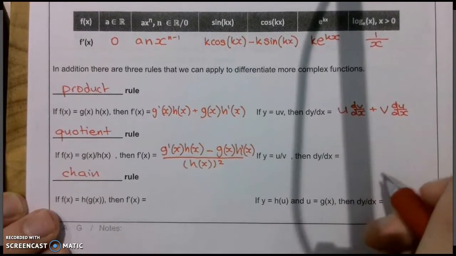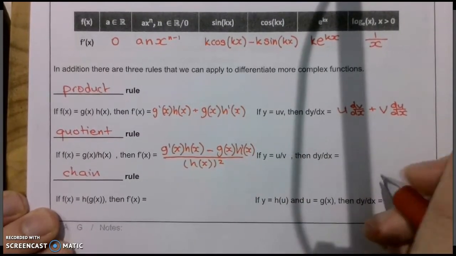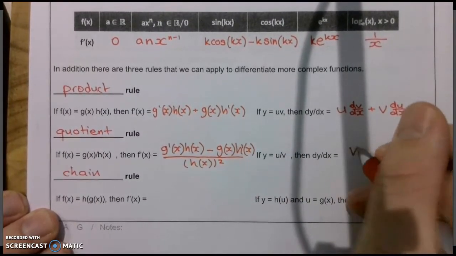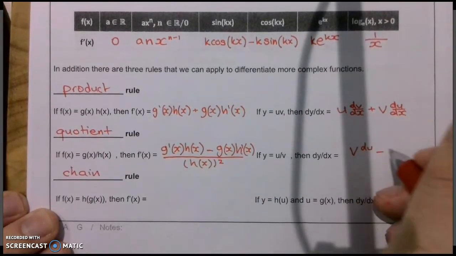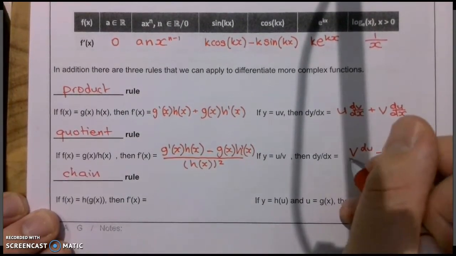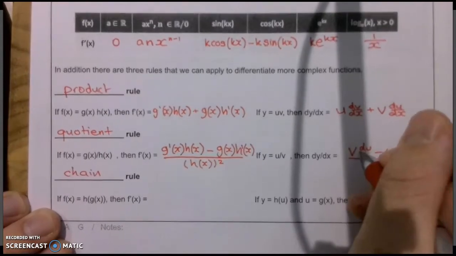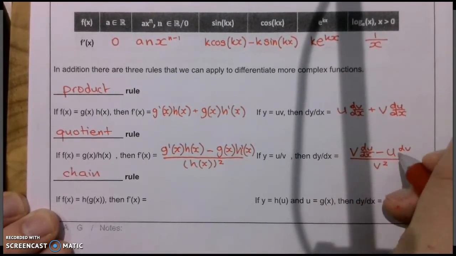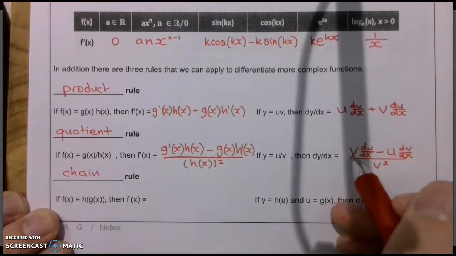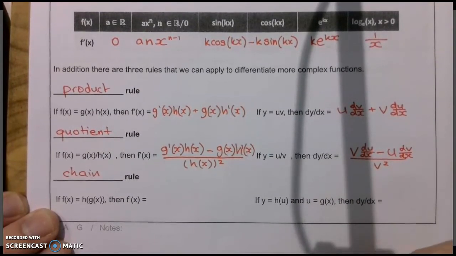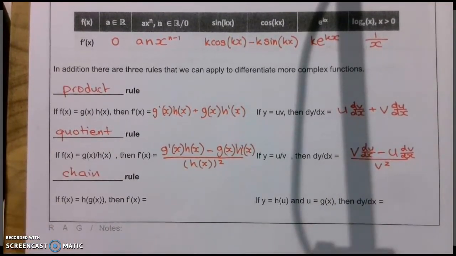My favourite way of remembering this is in terms of u's and v's, and what I would always say is it's v du minus u dv all over v squared, and then afterwards I can fill in the dx's. So v du minus u dv all over v squared gives us the quotient rule.